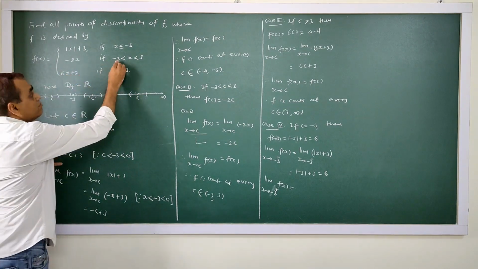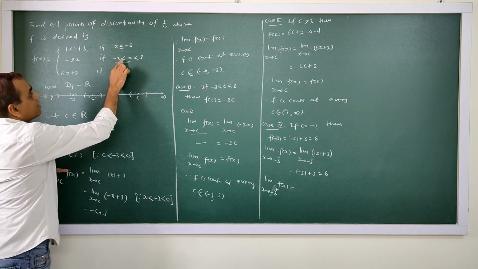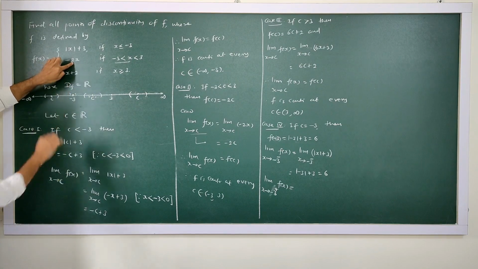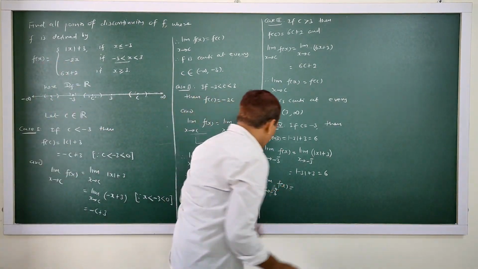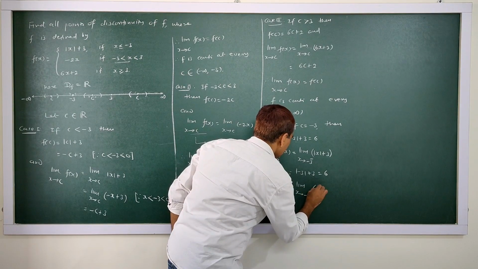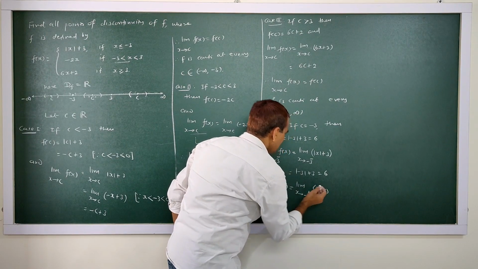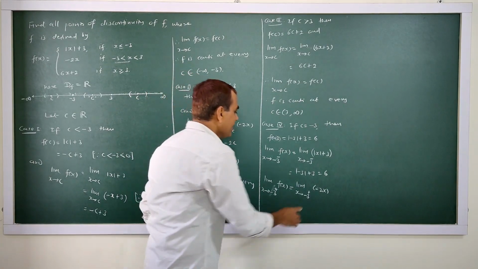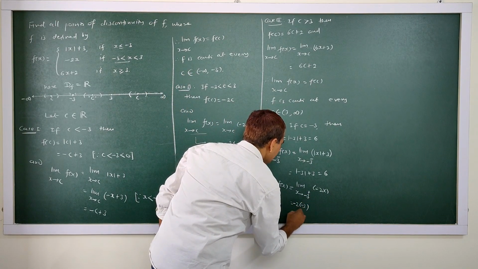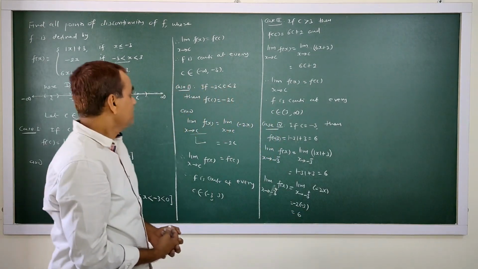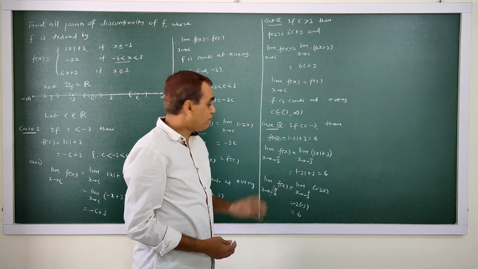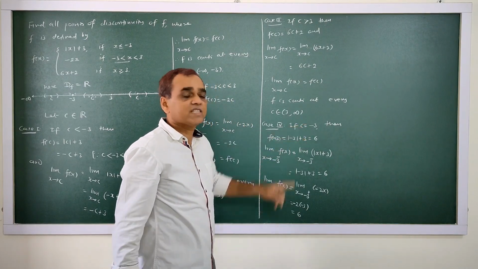And when x is more than -3, f(x) is -2x. And putting here -3, -2 into -3, so it is 6. So you can see that all these three values are equal. So the function is continuous at -3.